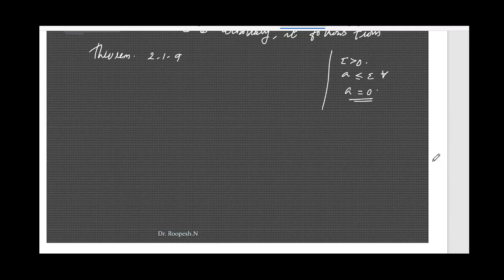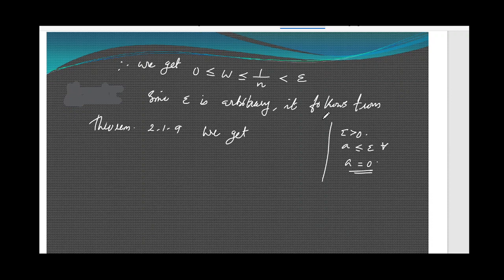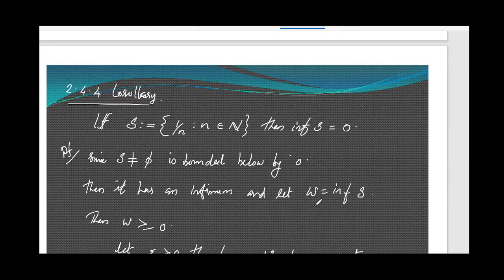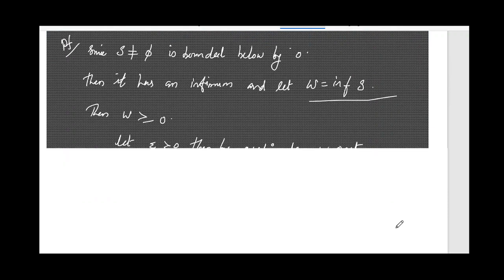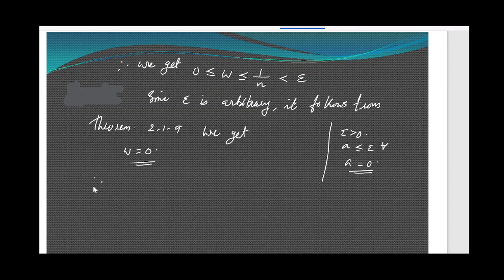Then by theorem 2.1.9, since W is less than epsilon, we get that W is equal to 0. Now what was our W? We assumed that W is the infimum of the set S. Therefore, the infimum of S is equal to 0. This is the first corollary.